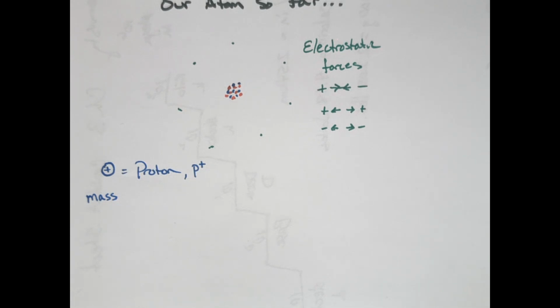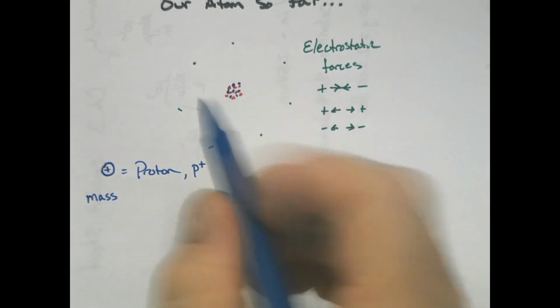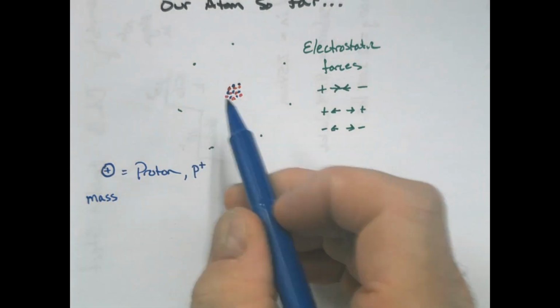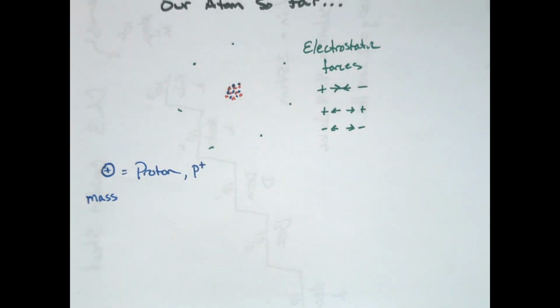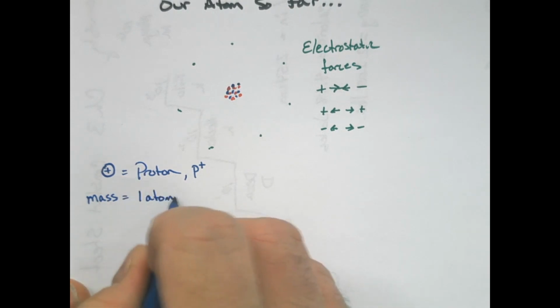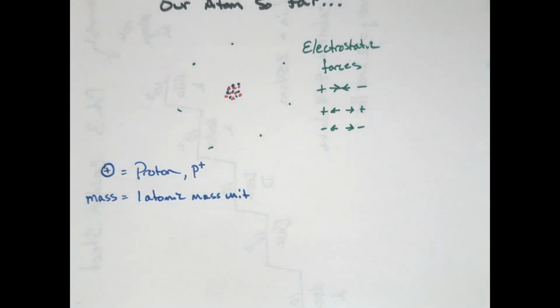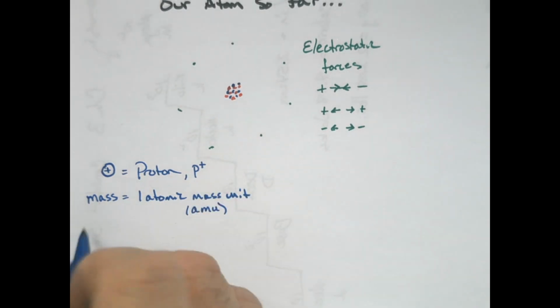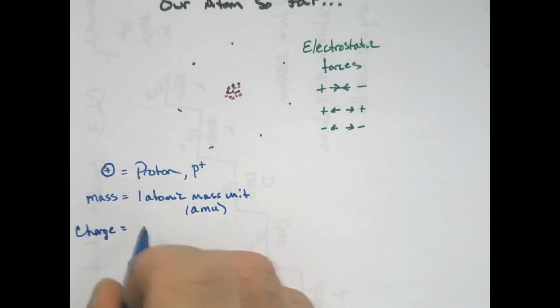So the things in the nucleus are the things that have mass. The mass of a proton is 1 atomic mass unit, which is the simplest form of mass that we know how to measure. That's our basic, fundamental, underlying unit of mass. This is also called an AMU. It has a charge of +1.